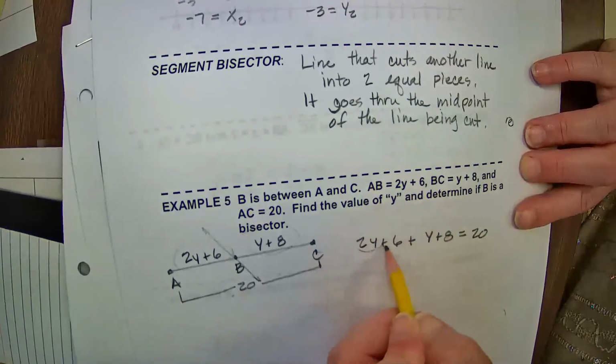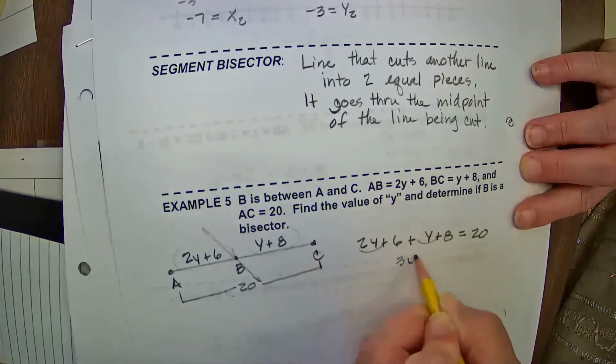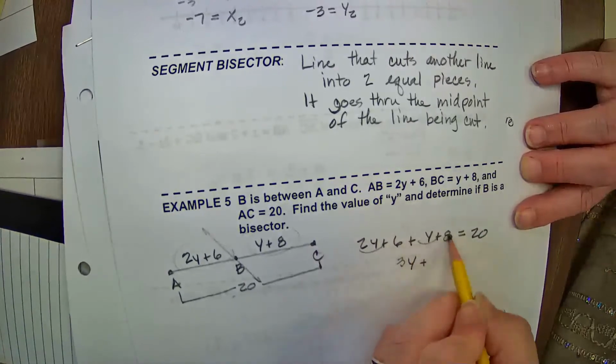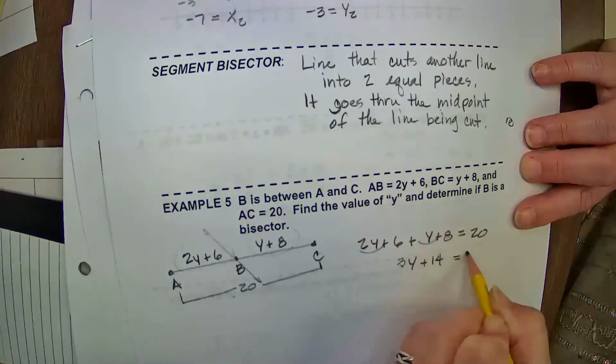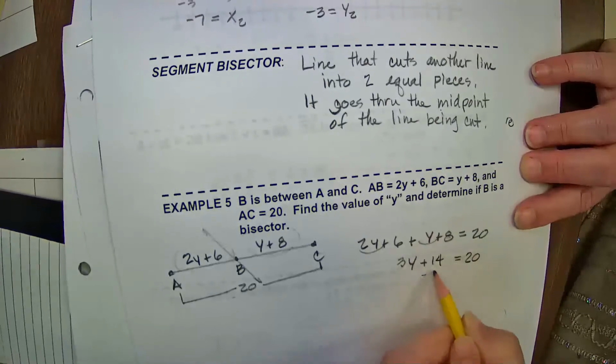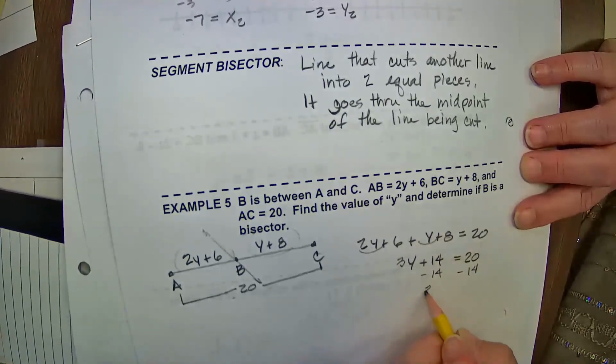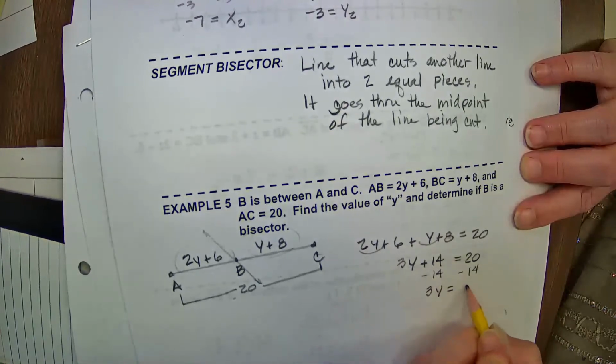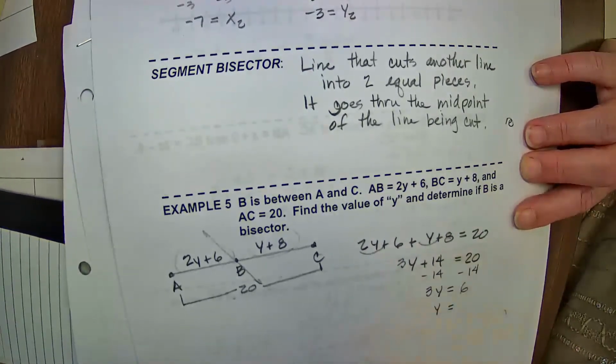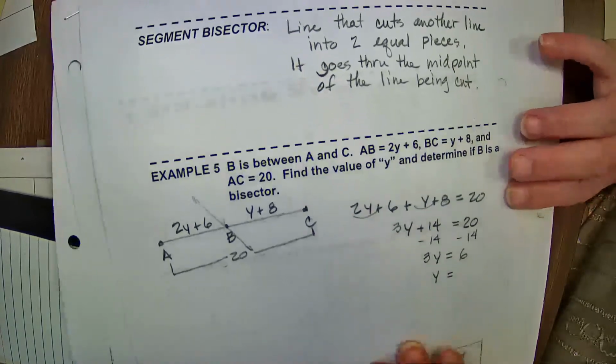So now we combine like terms. So we've got 3y plus 6 and 8 is 14 equals 20. Finish solving. 3y equals 6, so y equals what? 2.